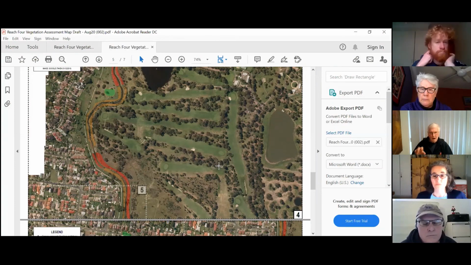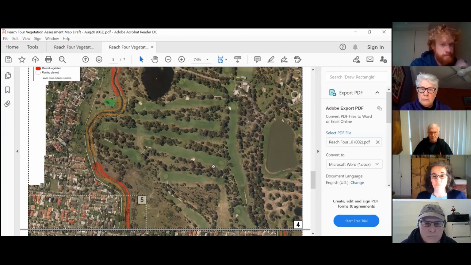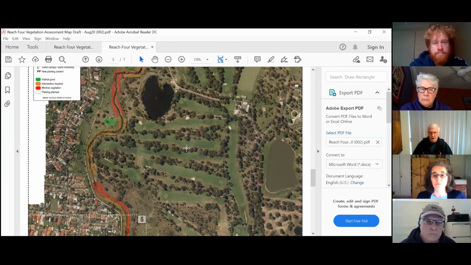So we're hoping that this is a line of thought that operationalises that notion of connectivity or biodiversity corridor. Obviously it can be expanded for other species, and it can be expanded beyond the river banks, but this is where we've got to so far.